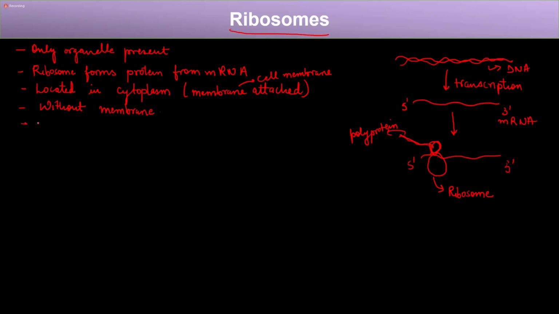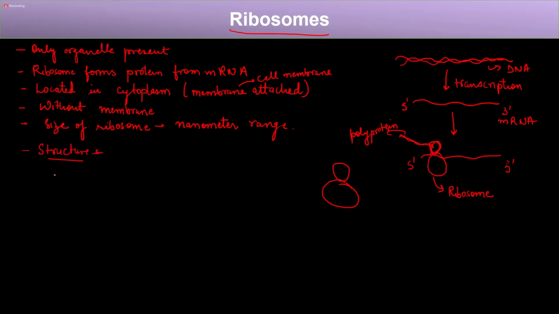If we talk about the size, the size of the ribosome is very small, in the nanometer range. You just saw in this structure that a ribosome looks something like this.